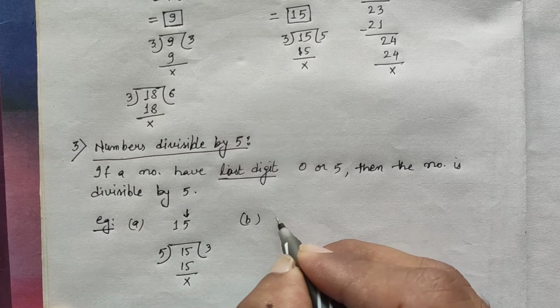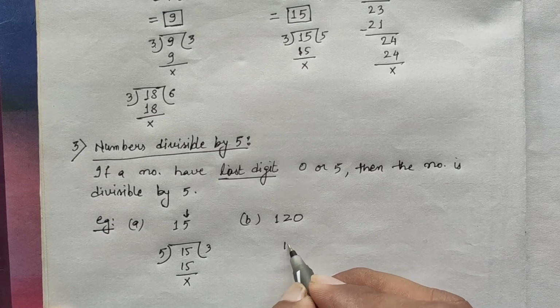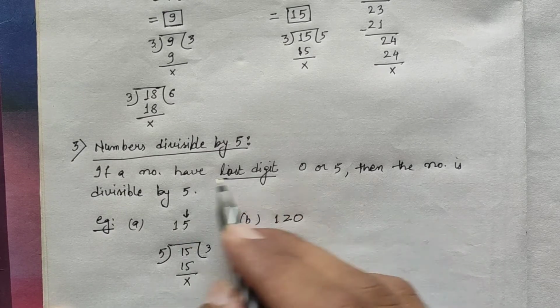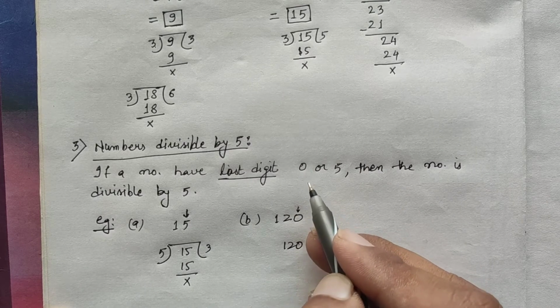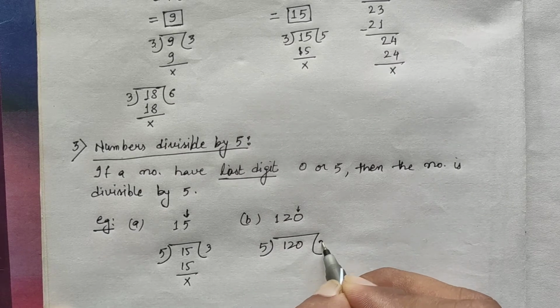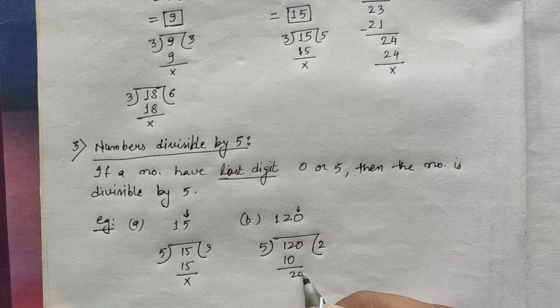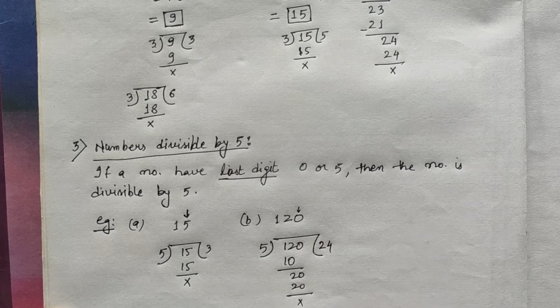Let's take another example like 120, because this is a greater number. As per the definition, this is the last digit, it is 0, so it must be divisible by 5. Let's check it. 5 times 2 is 10, 5 times 4 is 20. Yeah, it is also divisible by 5.